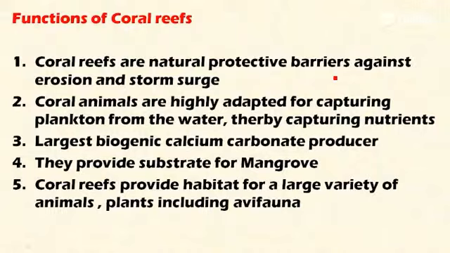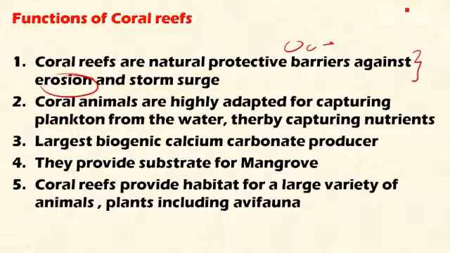The coral reefs are natural protective barriers against erosion and storm surge. They act as a buffer against erosion. We all know that the ocean carries out various erosional activities, so these coral reefs protect the inland from erosion and storm surge.